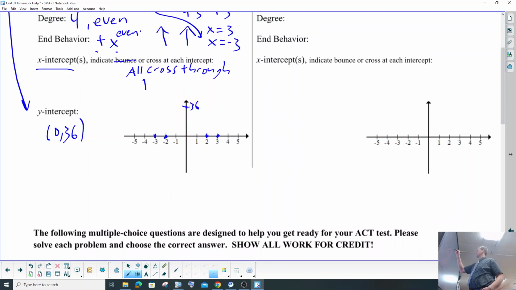So our end behavior, it's positive even powers, so it's going to be up. And so it's going to come down, cross through the y-intercept, cross through, and cross through.